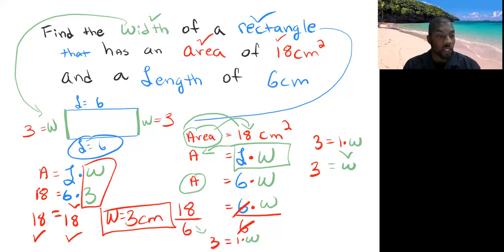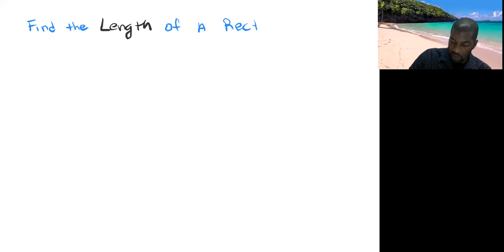Let's try reverse engineering a perimeter problem. All right, so if they say, find the length of a rectangle again with a perimeter.